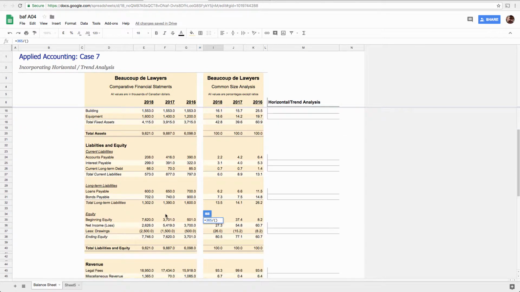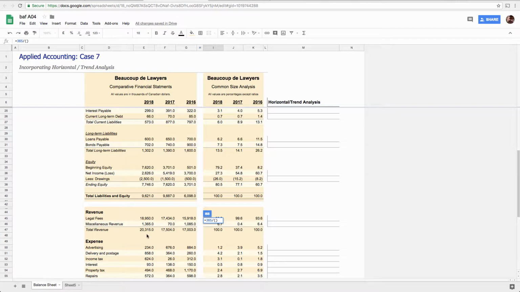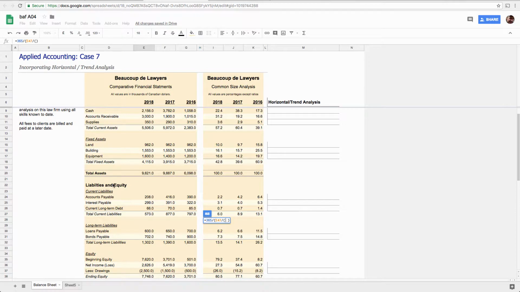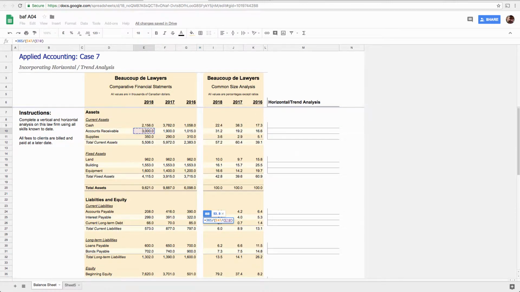So we're going to say net credit sales, which is all revenue, right? So this, I'm going to divide that by average accounts receivable, which means we have to take this accounts receivable and we have to add it to this accounts receivable from the year before. And we have to divide that number by 2.